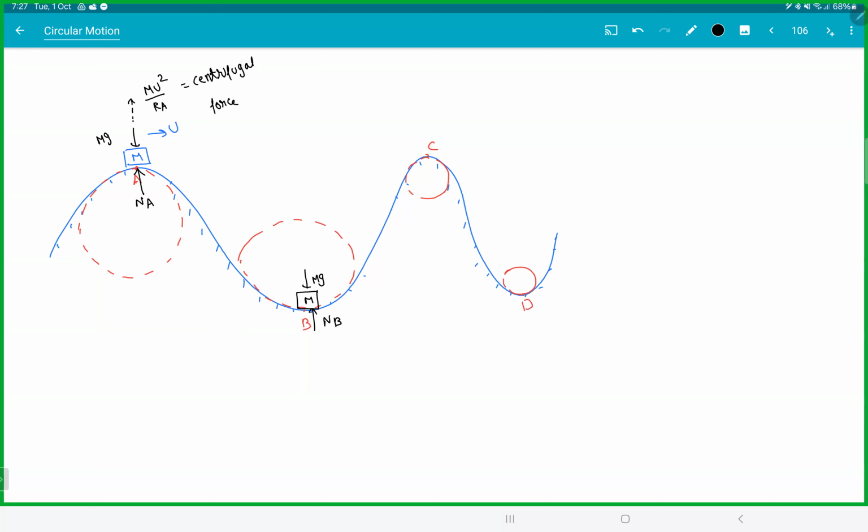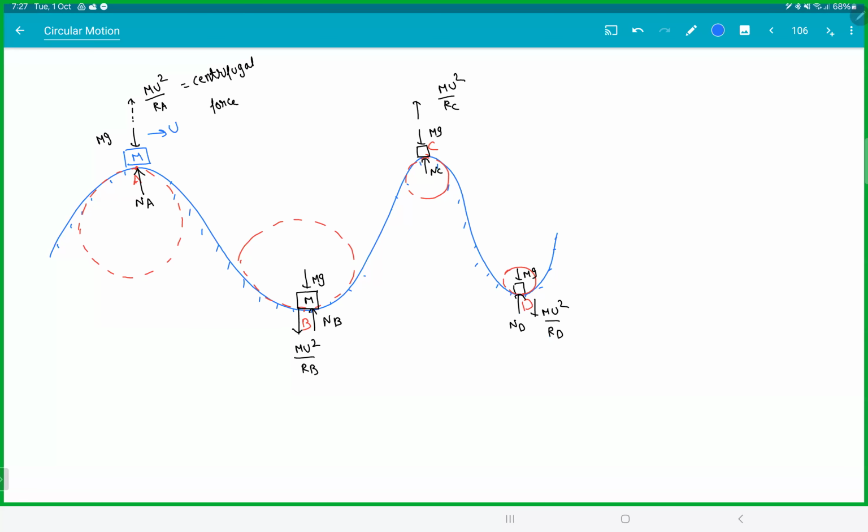The centrifugal force is away from the center here, so this is mu square by Rb. When you are here, Nc, Mg, centrifugal force is mu square by Rc. This is Nd, Mg, centrifugal force is mu square by Rd.